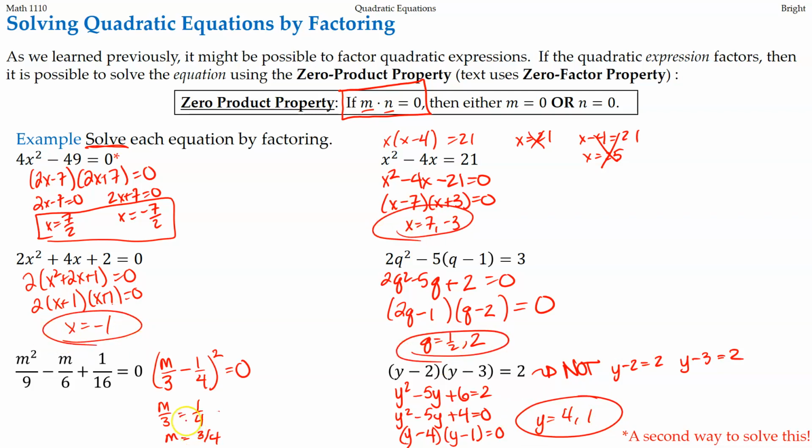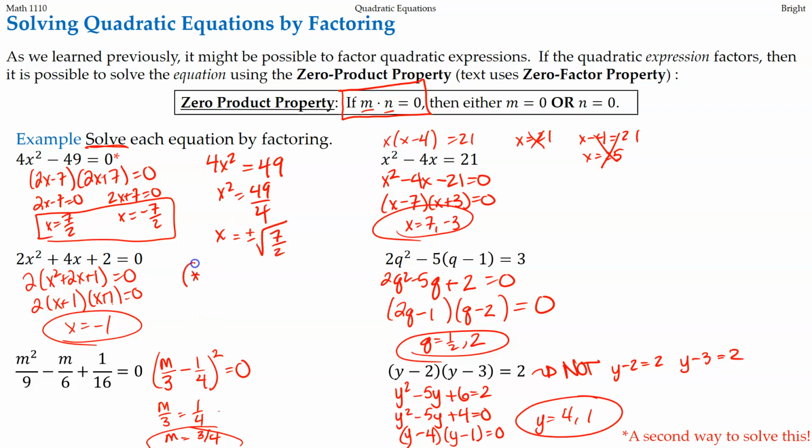Now, technically, the first one could be solved the second way. You wouldn't necessarily need to factor. You could just isolate the x term, the term with the x, so 4x squared, move the 49 to the right-hand side. You get 49 over there, divide by 4, x squared is equal to 49 over 4, and then square root both sides. And whenever you introduce a square root, and I'll write this down in a minute, you have to include the plus and minus.